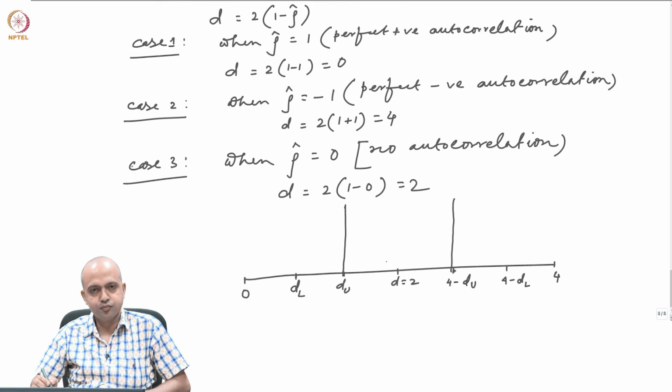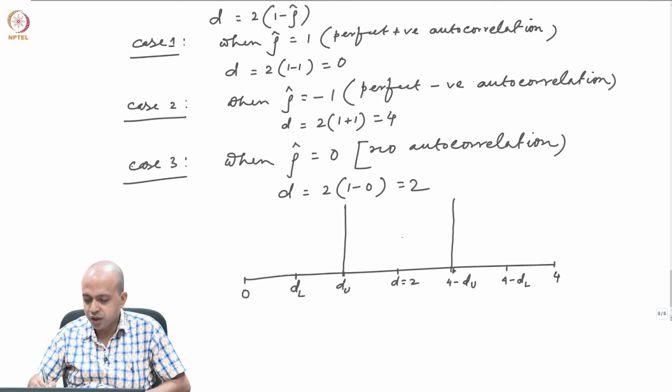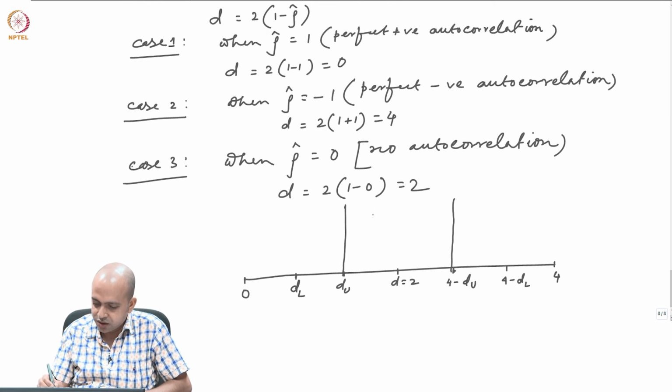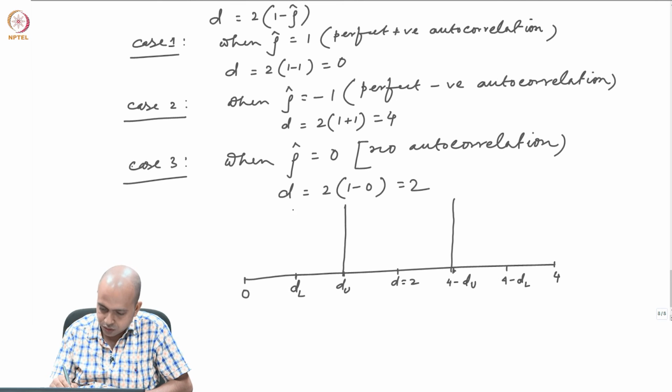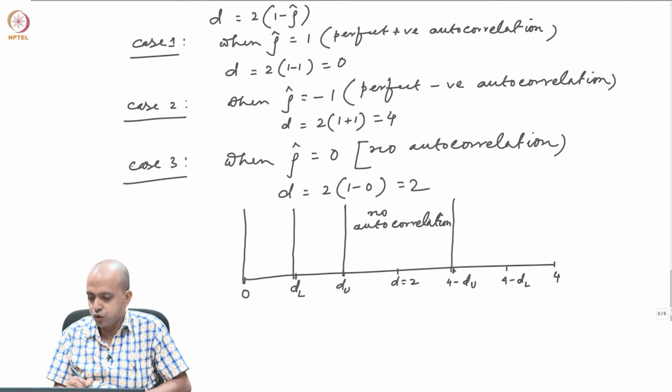in this region, when your values are in the neighborhood of 2, then what is the case? The case is no autocorrelation. So, here I am saying in this region no autocorrelation, no autocorrelation, positive or negative, both types.